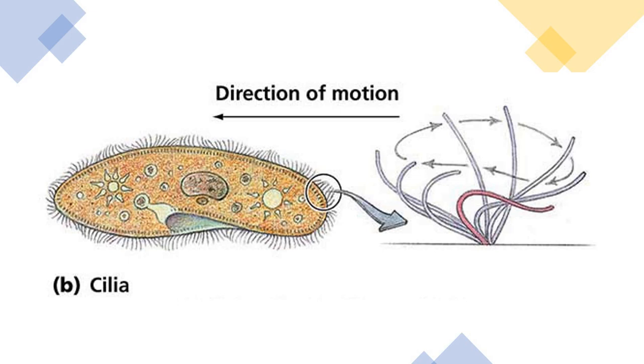So think of the flagella like a motor, cilia like oars. It really just depends on how the organism moves those cilia as to what direction they are able to go. But the movement is very different, and you'll see that in a little bit.